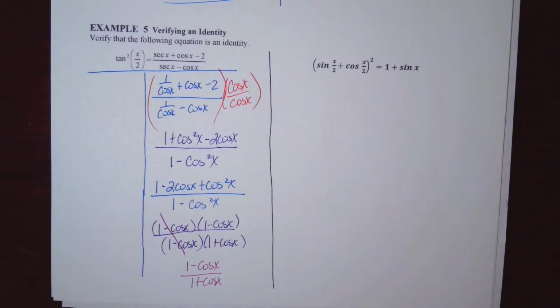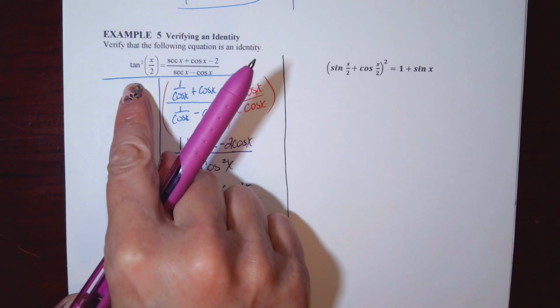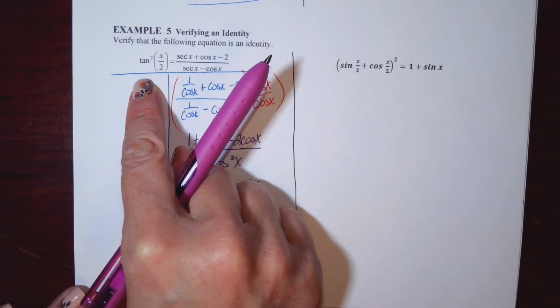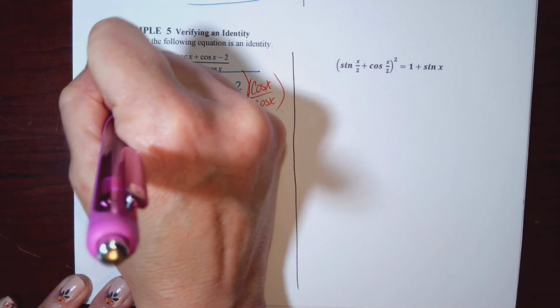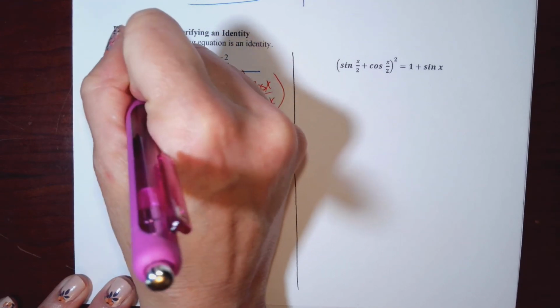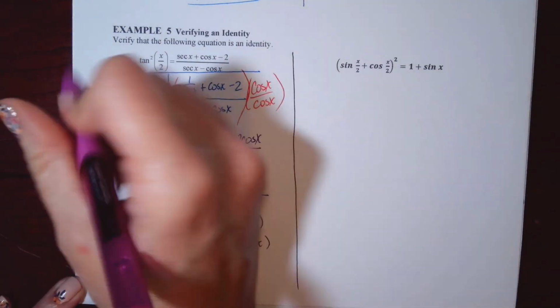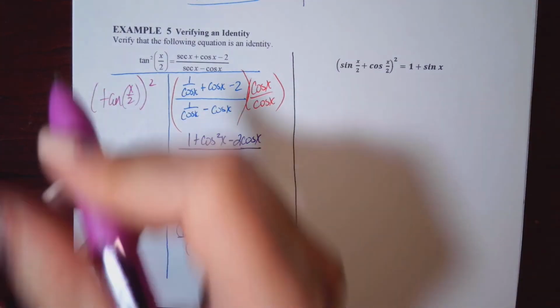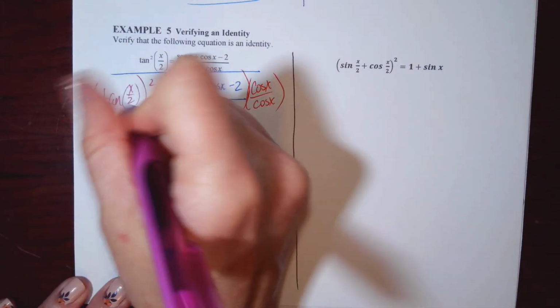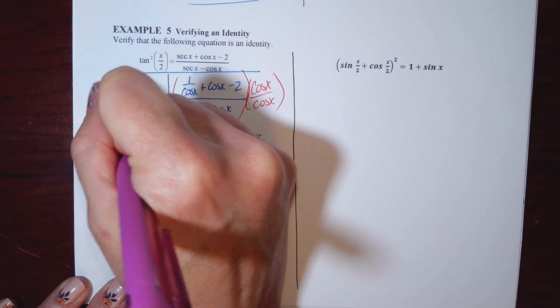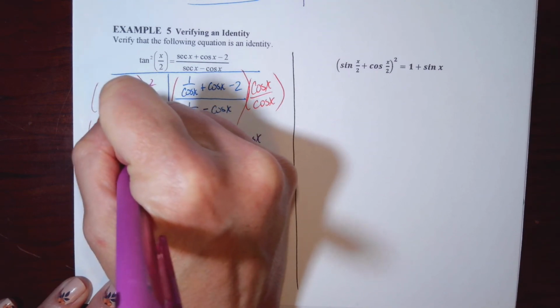So maybe let's go back up to the top and deal with this. Tangent squared of the half angle is the same thing as tangent of the half angle, squared. And we want to use that identity, right? So that half angle tangent identity would be plus or minus the square root of 1 minus cosine x over 1 plus cosine x.